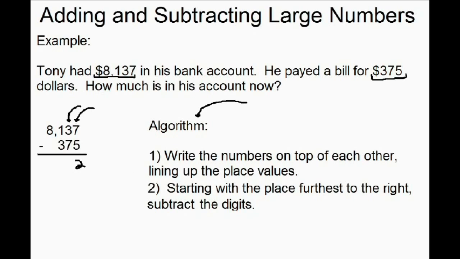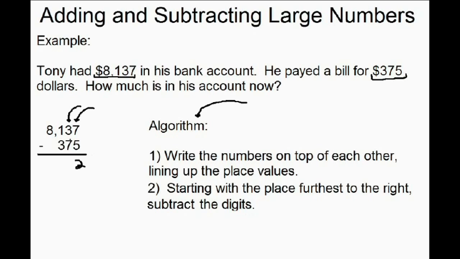Now, it is possible to subtract 3 minus 7. However, we end up with what's called a negative number, something you're going to learn about in grade 7. And in this case, the answer to this question cannot be negative. So we cannot subtract 3 minus 7, because we can't end up with a negative number.